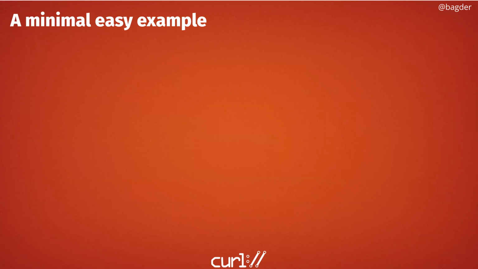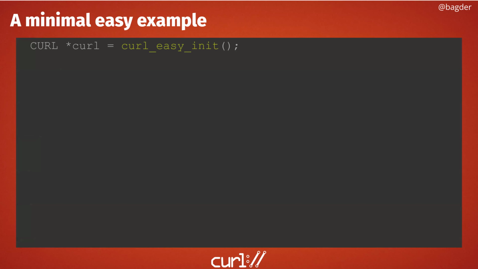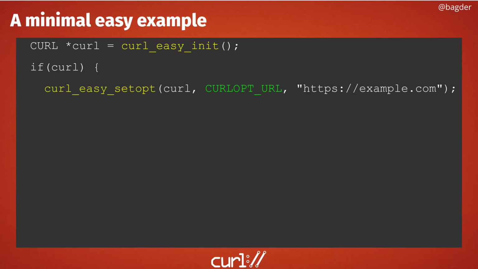So then a minimal easy example: how to do a very basic internet transfer using libcurl. Of course, this doesn't show the include that I just mentioned, but imagine an include above this, and then you create the easy handle. If it fails, it'll return a NULL. If it worked, you set the URL. Let's get example.com, an HTTPS URL. And let's follow redirects.